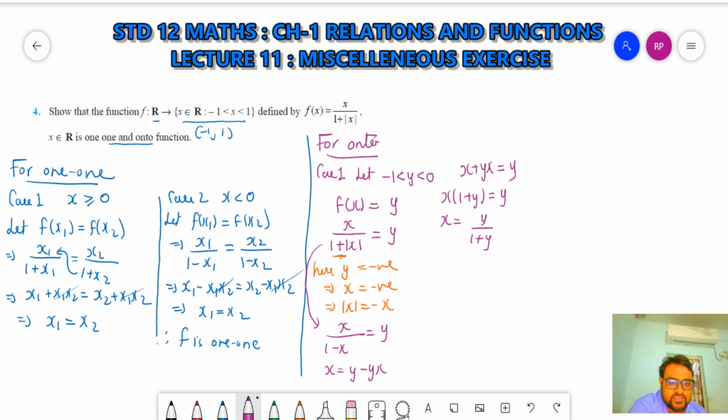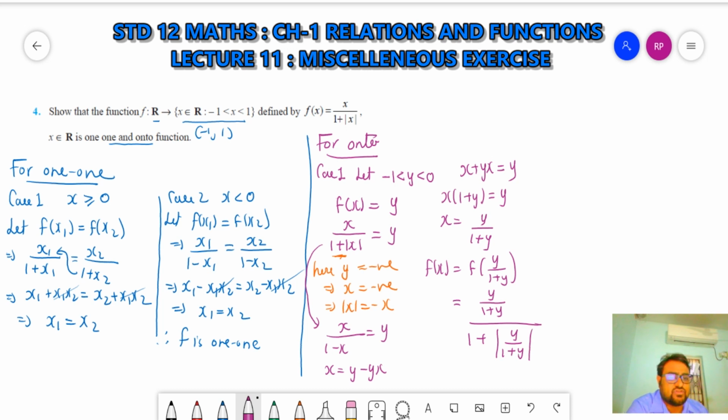In this case I will take f(x) equal to f of y upon 1 plus y. So this will be equal to y upon 1 plus y, upon 1 plus modulus of y upon 1 plus y.